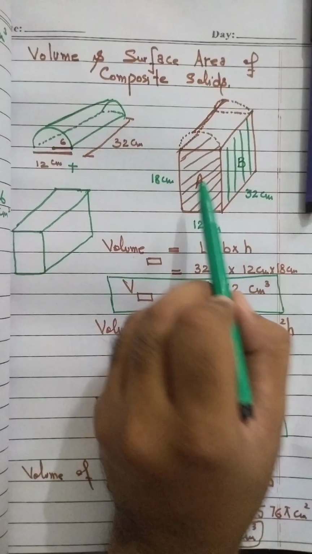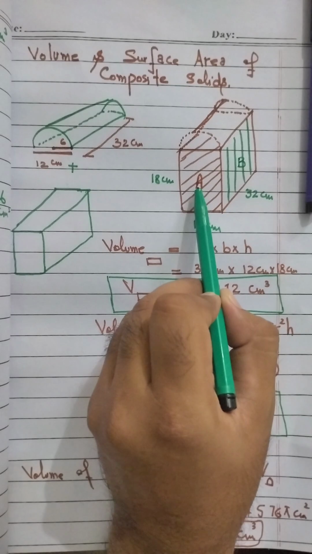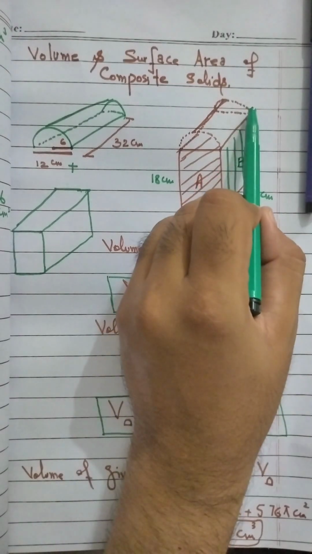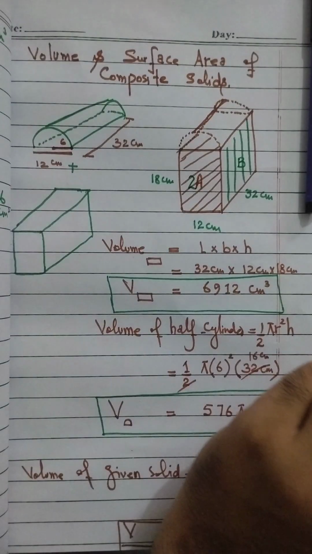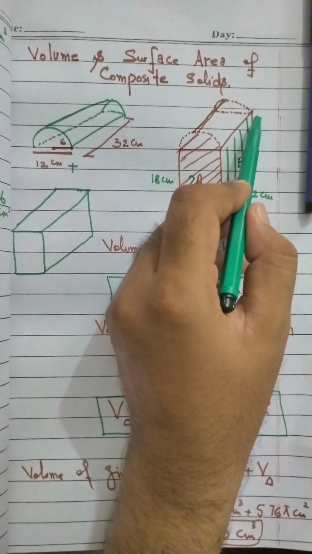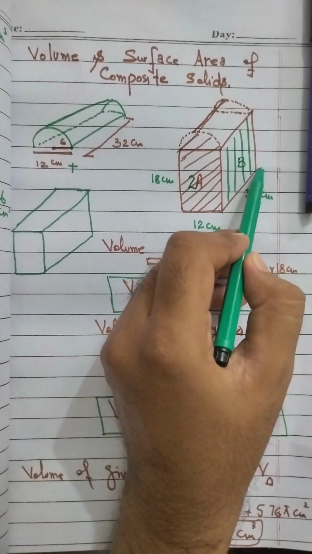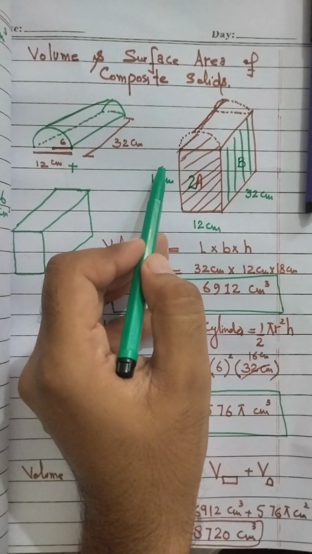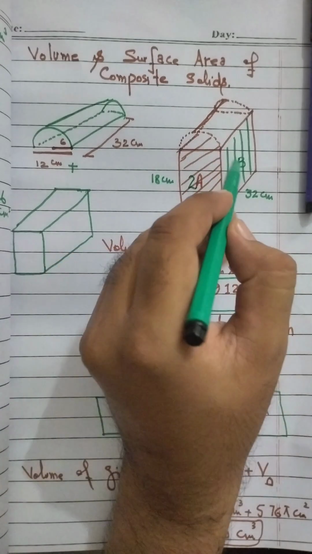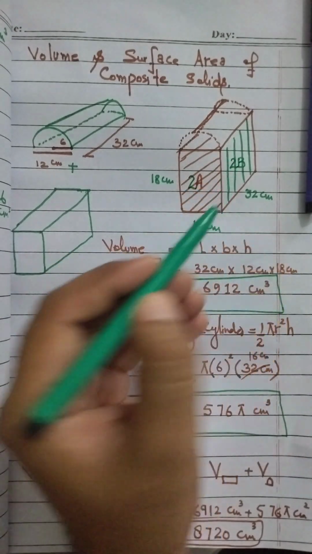So we have two regions till now. A is considered 2 times, so I will write it here 2A. In the same way we have the region B, which is only rectangular, and there is another on this side of the solid, so we consider 2B.